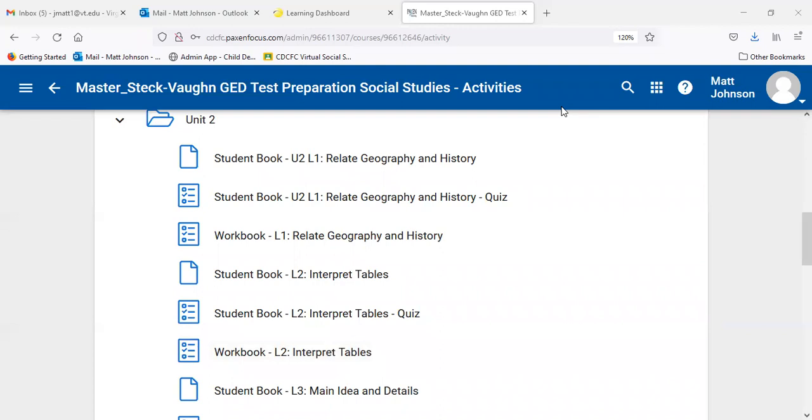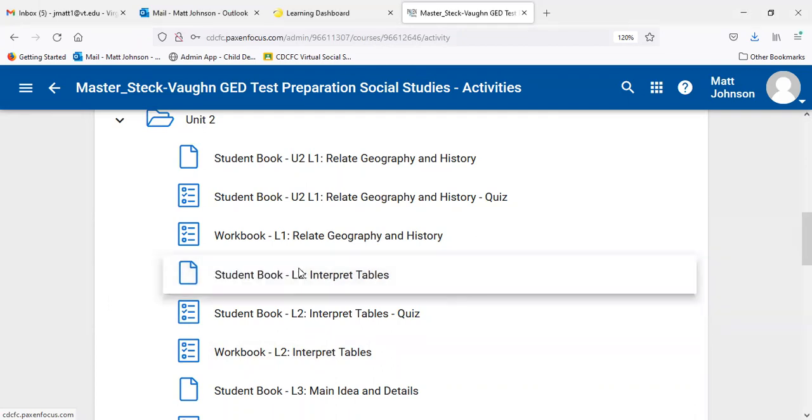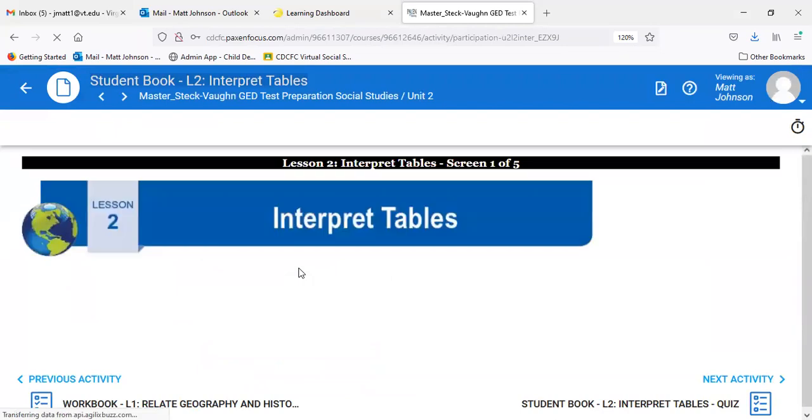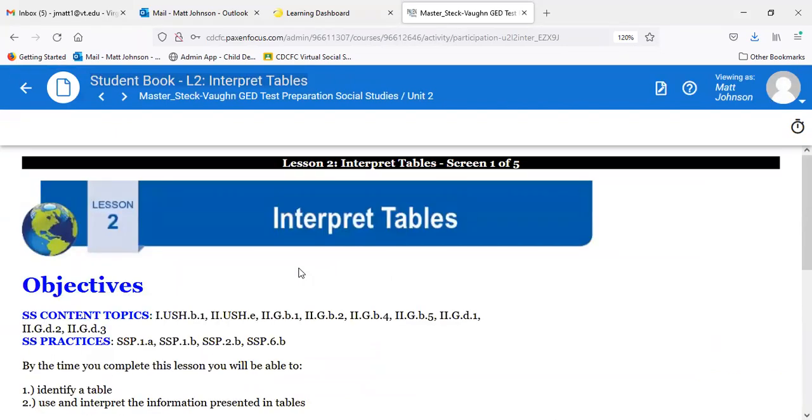All right. And today is Unit 2, Lesson 2, Interpret Tables. And a lot of what we're looking at here is sort of continuing on with the same idea that we were using when we were looking at maps. We're going to move into some different forms of data and information and interpreting that information in different ways.